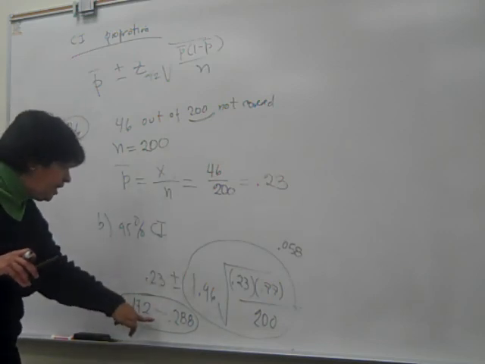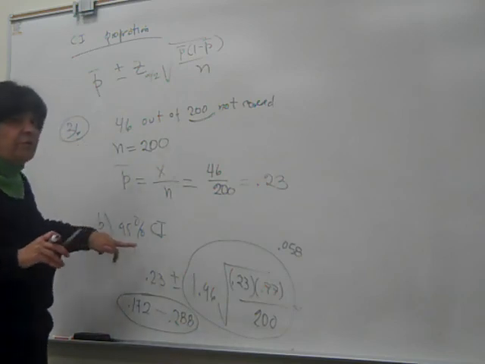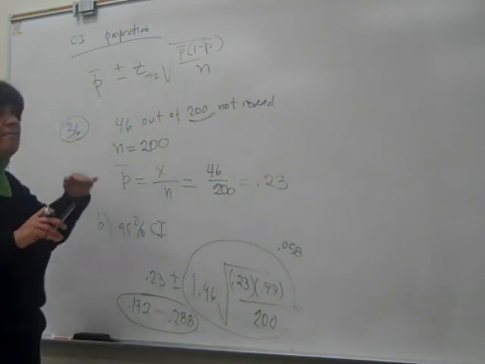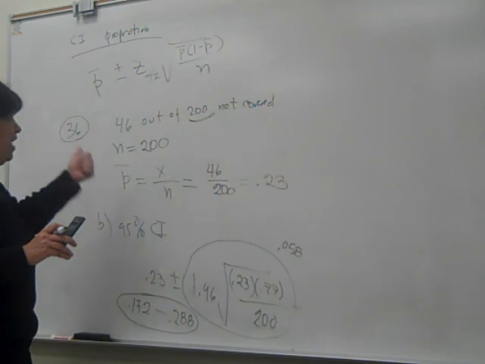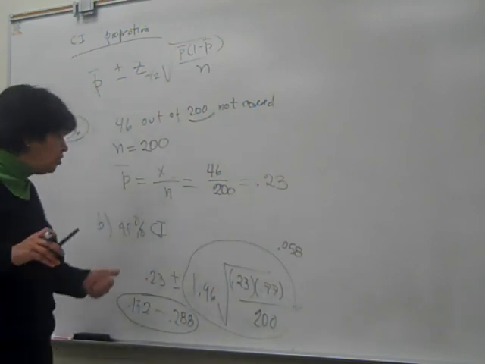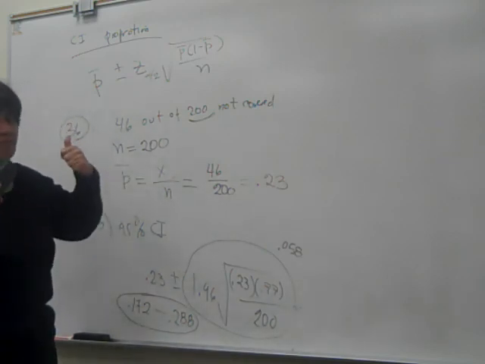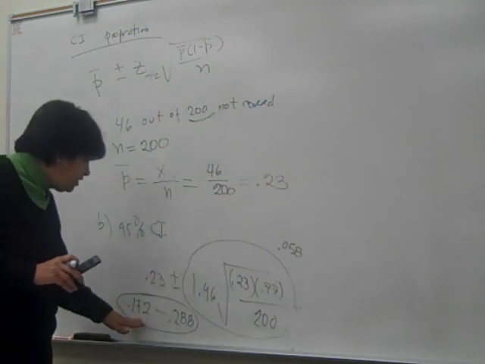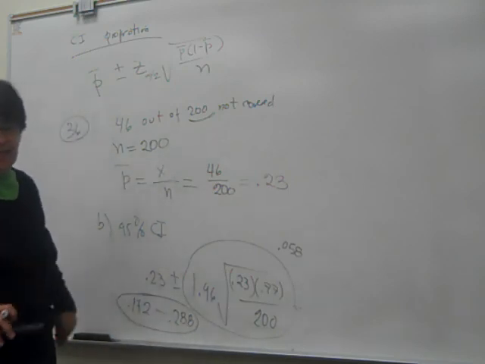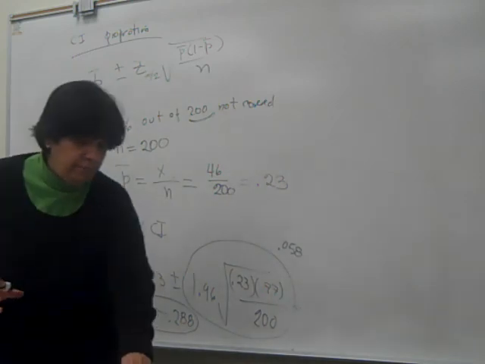I'm saying this with 95% confidence, that the proportion of the real population is between 0.172 and 0.288. And that's it. I mean, that's pretty simple.